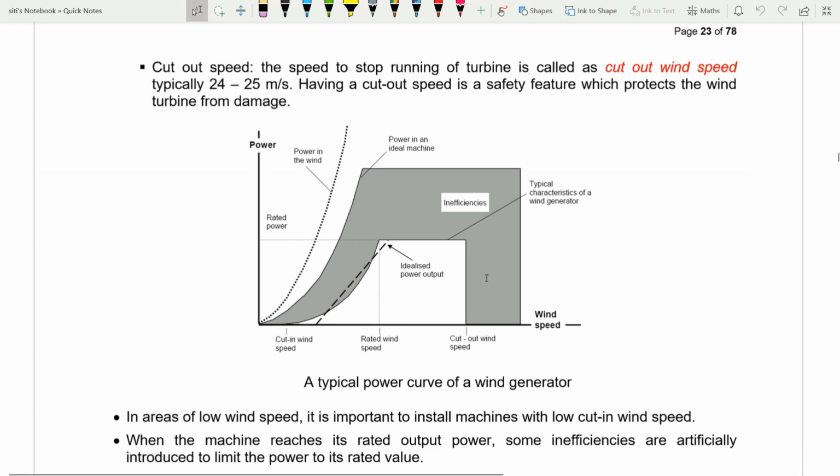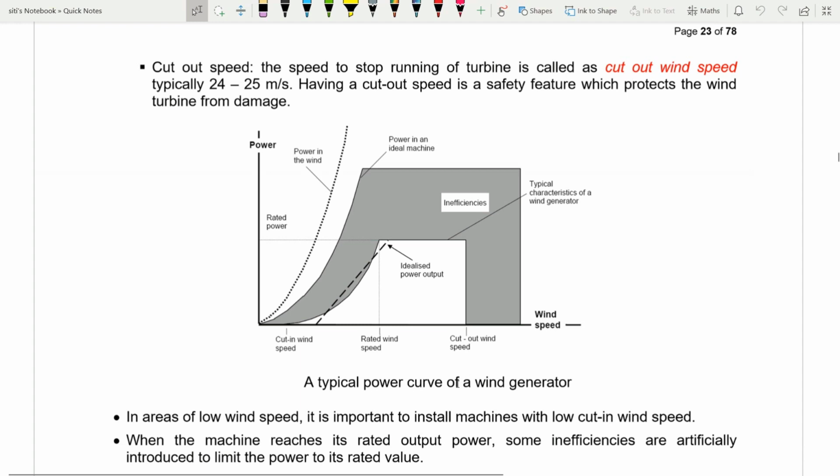Okay. So this is the ideal power output, and this is the inefficiencies. In an area of low wind speed, it is important to install a machine with low cut-in wind speed. So if the area has a low wind speed, we need a WEG machine that has a low cut-in speed.